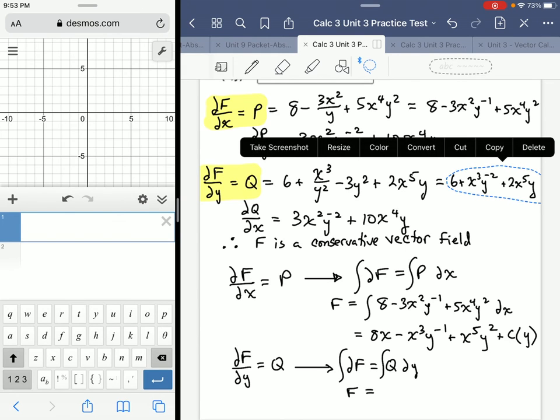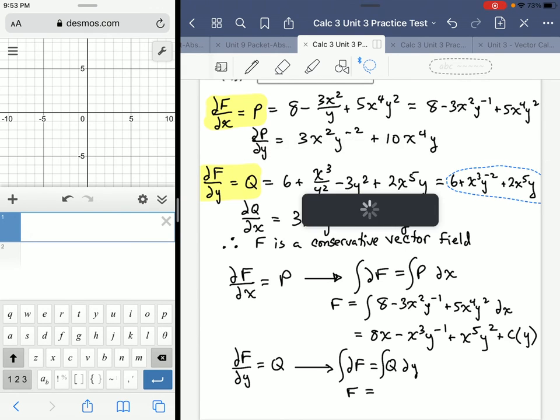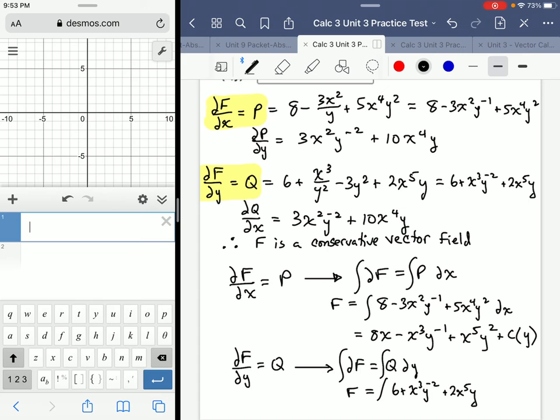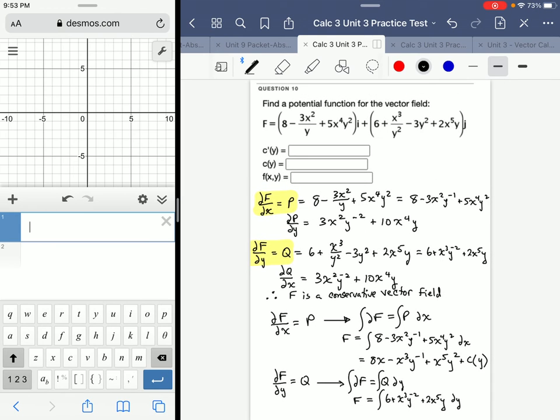So we can grab this one, integrate with respect to y. Kind of melted in on that integration symbol. Alright, I'm just going to resize here.